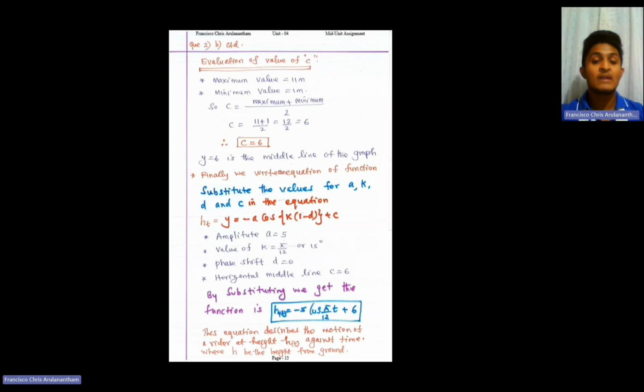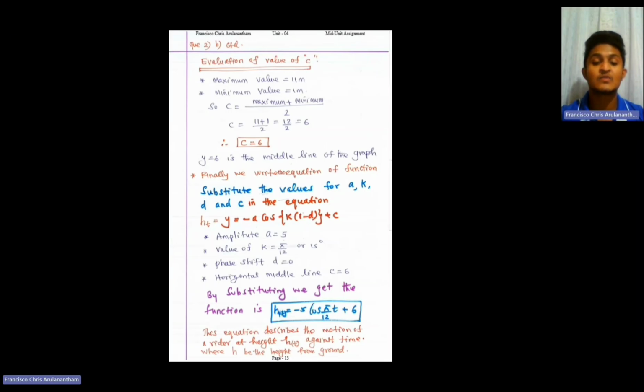Finally, we write the equation of the function. If we substitute the values for a, k, d and c in the equation h(t) equal to y equal to minus a cos k(t minus d) plus c: amplitude is equal to 5, value k is equal to pi over 12, it means 15 degrees, phase shift d is equal to 0, and the horizontal middle line c is equal to 6.